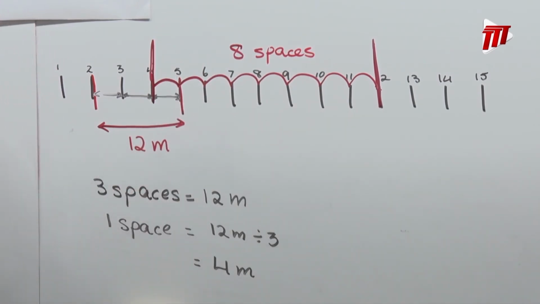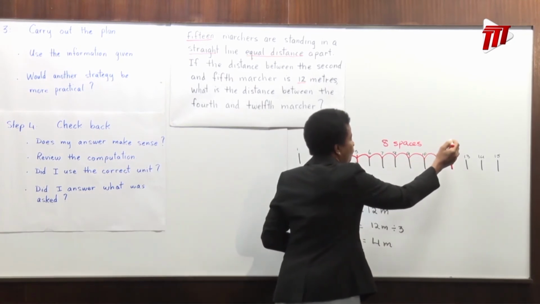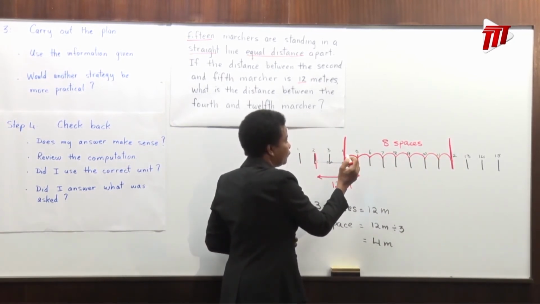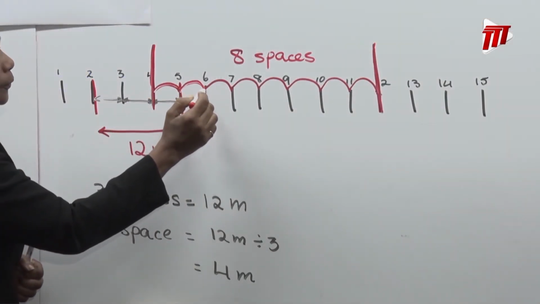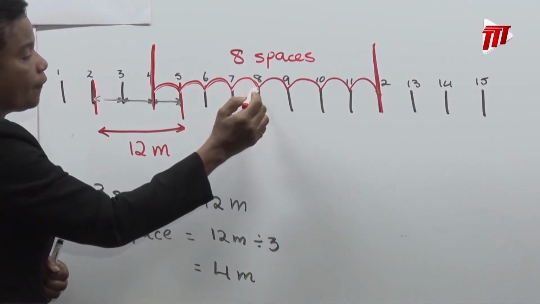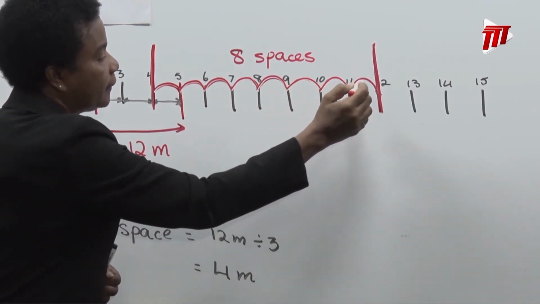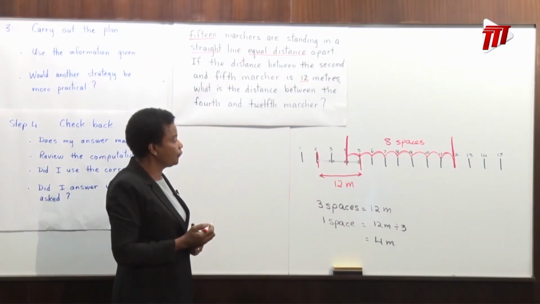Let's do that again. From our 4th marcher to our 12th marcher, they are in a straight line, so we are counting the spaces 1, 2, 3, 4, 5, 6, 7, 8. This is where drawing the diagram is so useful.